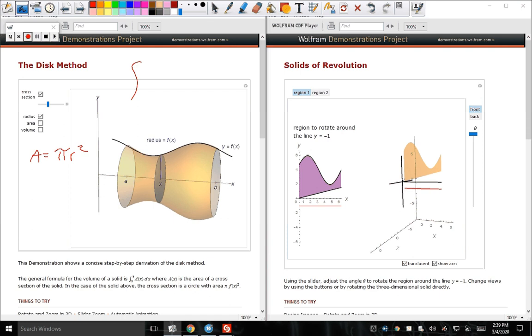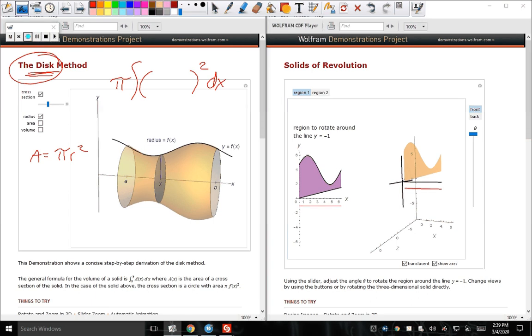This is the disk method. Okay? So in this integral, the pi can come out, the r will stay inside, and this one in particular, vertical slices, is going to be what? dx, yeah, dx for vertical slices.